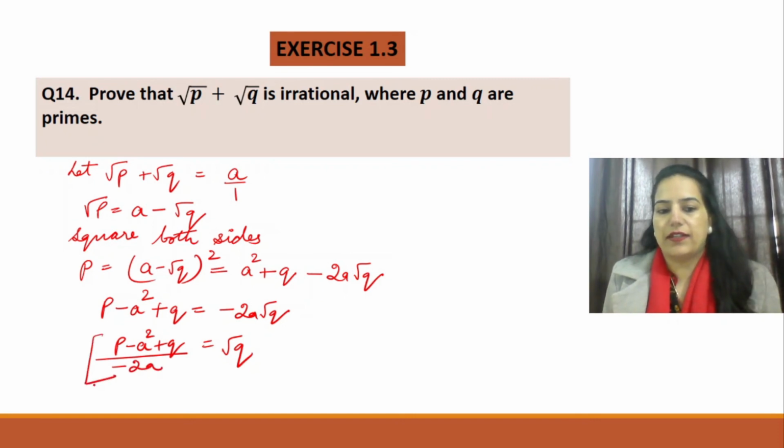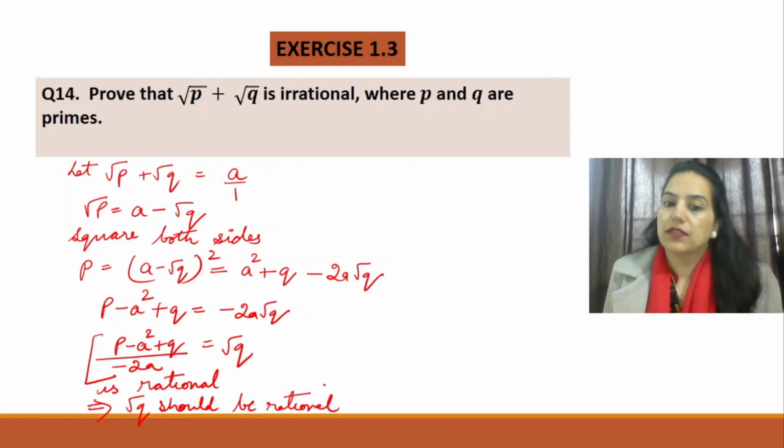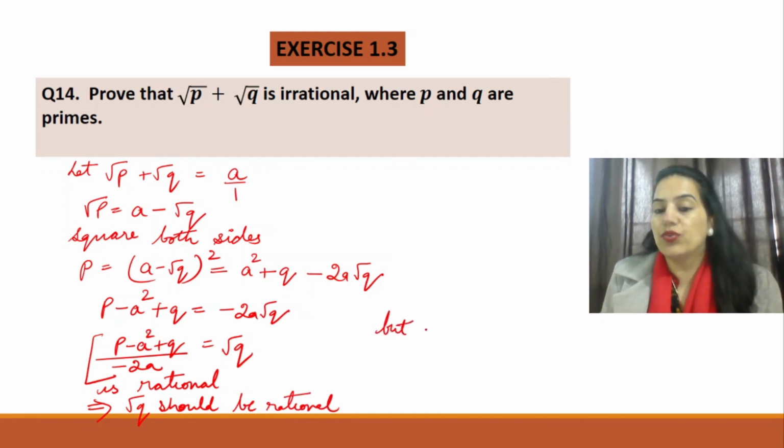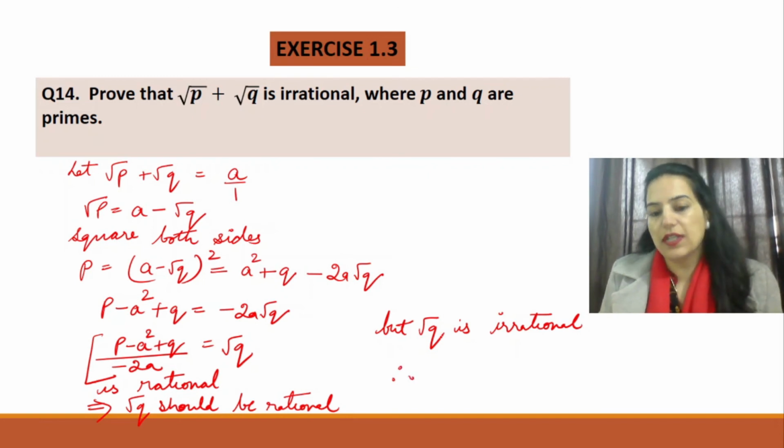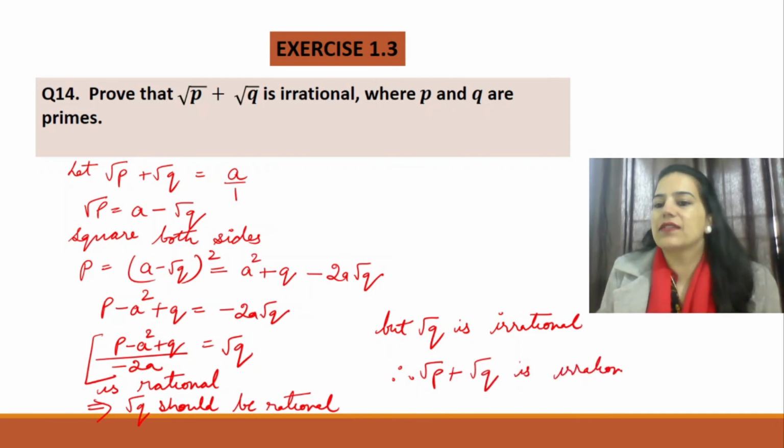Now this entire term is rational, which implies root q should be rational. But this is a contradiction, because root q is irrational. Therefore, our assumption was wrong and root p plus root q is irrational, hence proved.